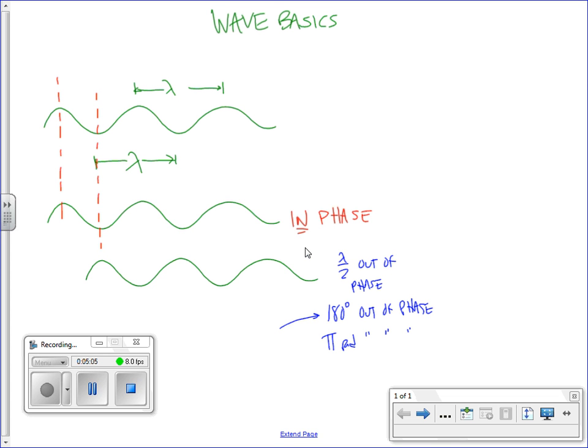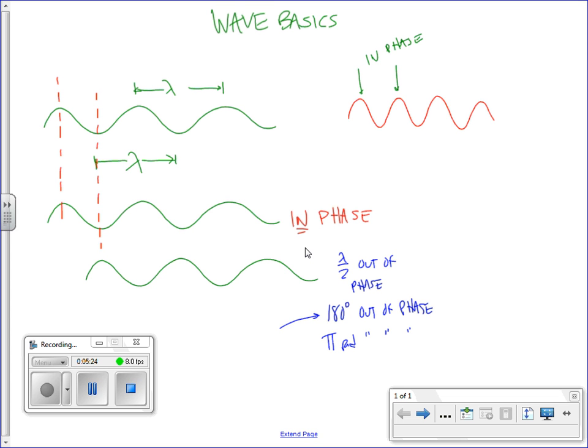Okay, and even if we look at two places on the same wave, we could say that, well, that and that are in phase. They're really 360 degrees out of phase by my view of it, but that's okay.